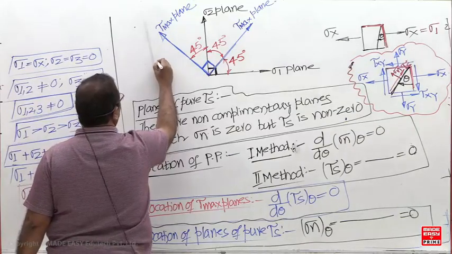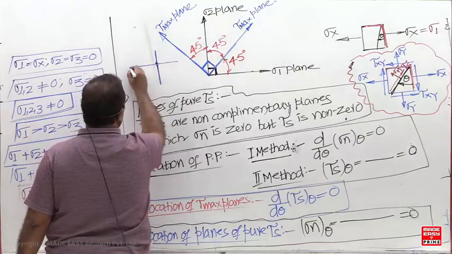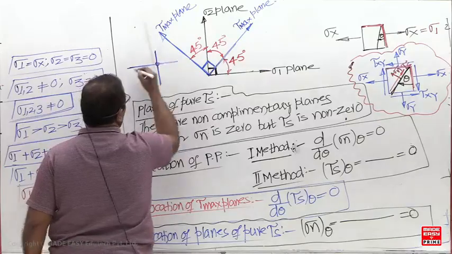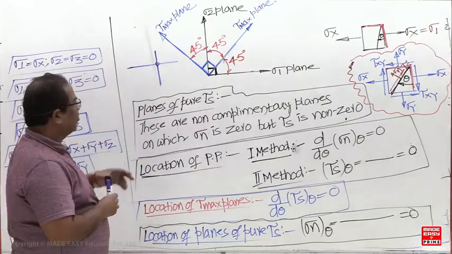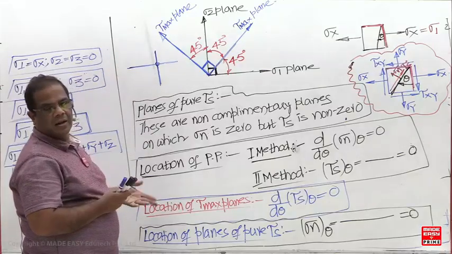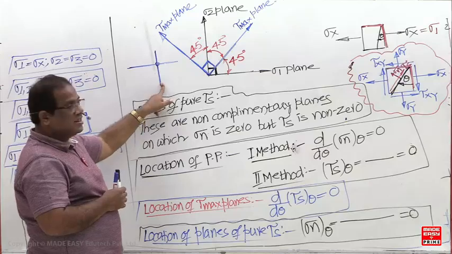We are talking about one plane now. This is one plane, this is one plane, and the board is one plane. Suppose here shear stress is 0, this is one principal plane.